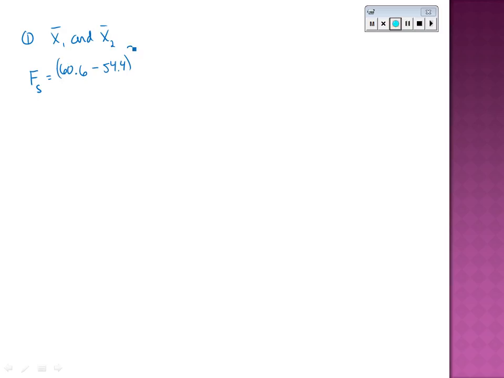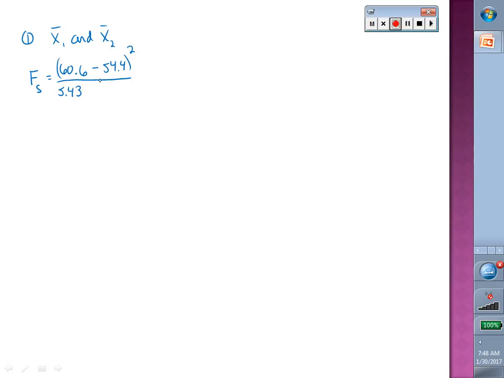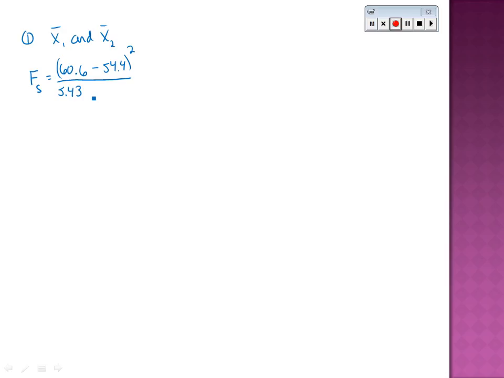That quantity is squared, divided by the within group variance, which we had as 5.43, and then times 1 divided by our first sample size plus 1 divided by our second sample size.